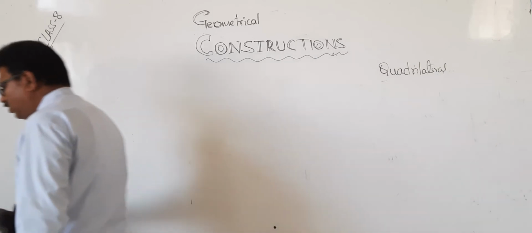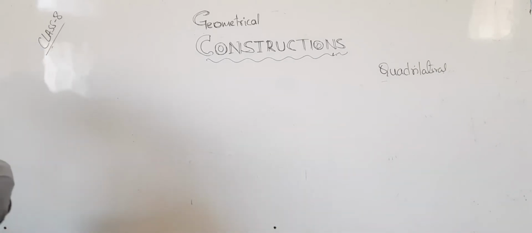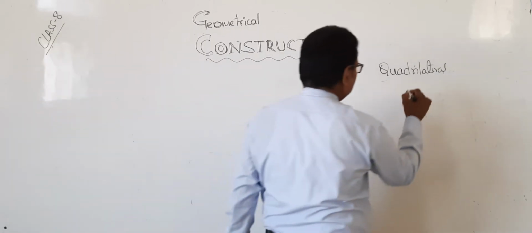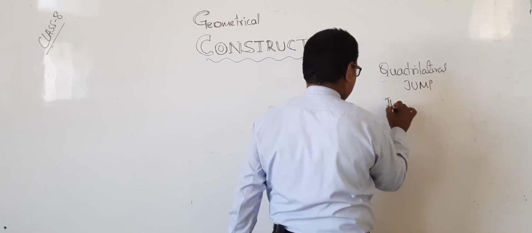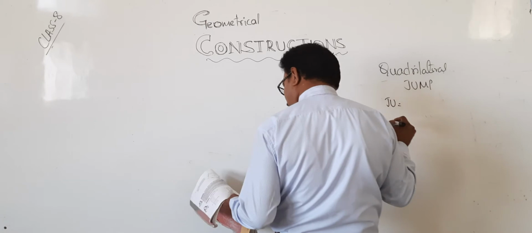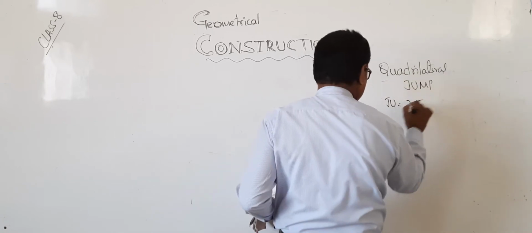Yes, again a quadrilateral only. JUMP. What is JU equal to? 3.5.